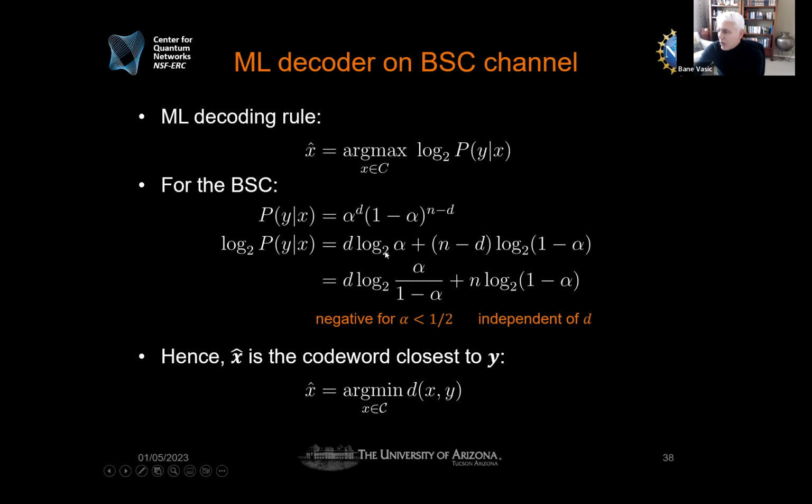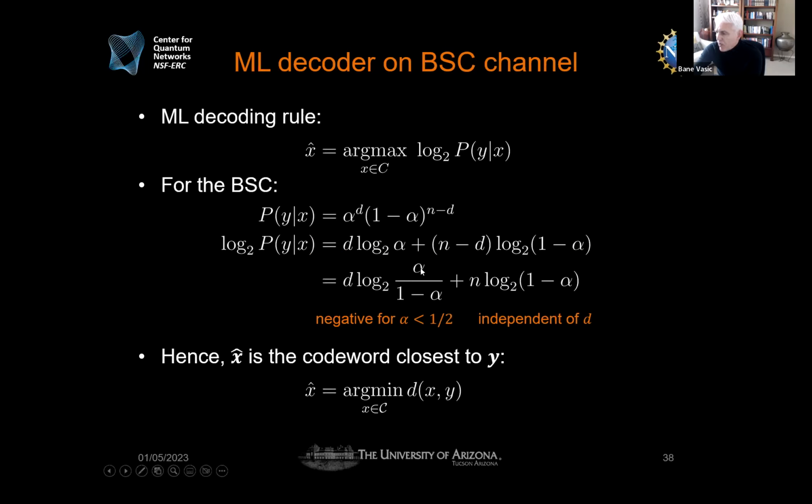D log 2 of alpha, where alpha is, remember, some probability, think of this as a small number, and (n minus D) log 2 of (1 minus alpha). So I can group the terms next to D and the terms next to n. And you see that this part here doesn't depend on D, doesn't depend on the code word, and this part depends on D, depends on the code word.